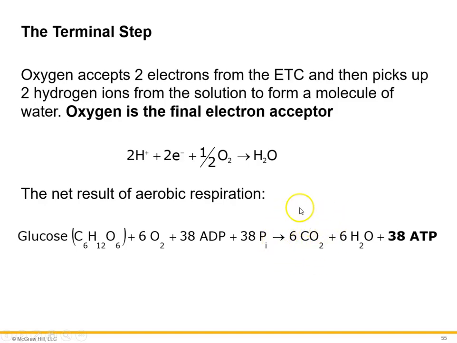This is a waste product. The organism has to get rid of this CO2. This is why we breathe off CO2, is that it's made at the cellular level during aerobic respiration. And oxygen is the final electron acceptor, and that's why we have to bring oxygen in.